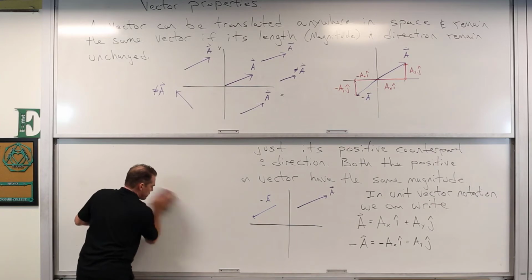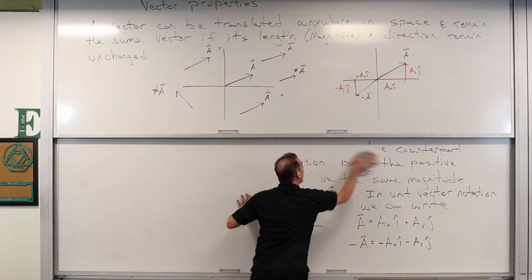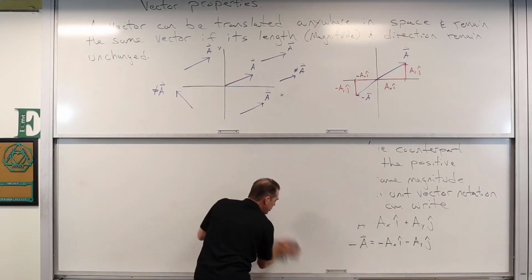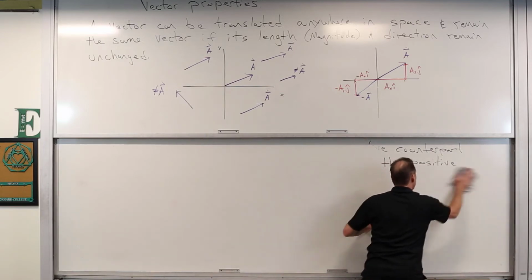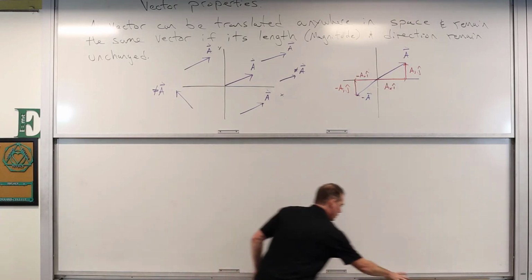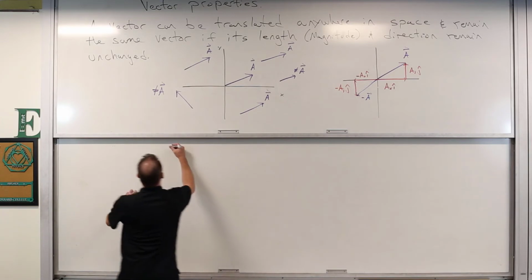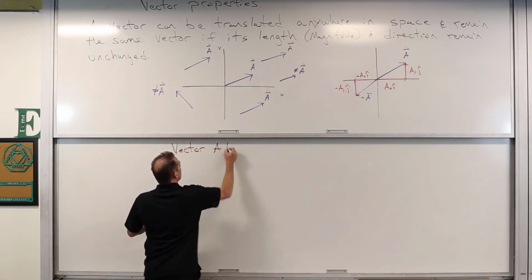We'll just start with two though, and say I want to find out what the resultant vector is, the vector sum of two individual vectors being added together. So, vector addition.